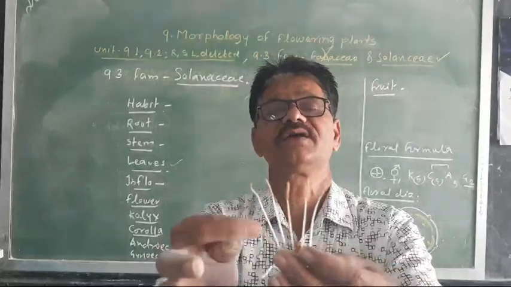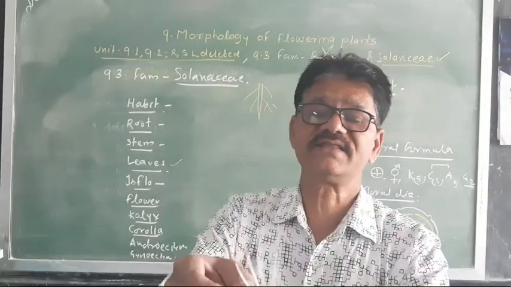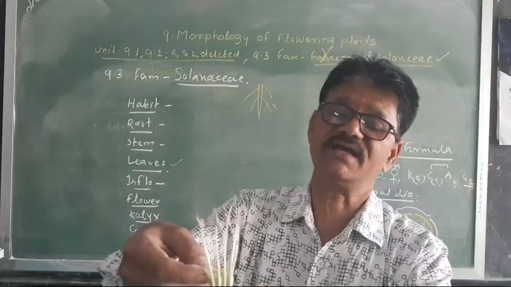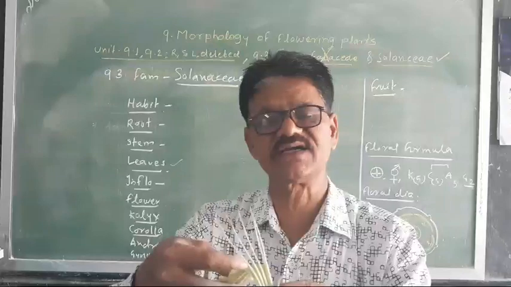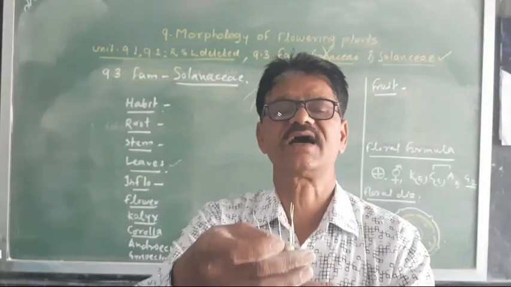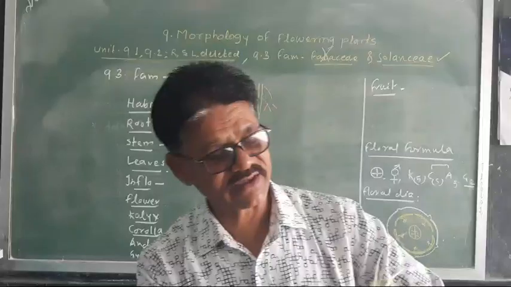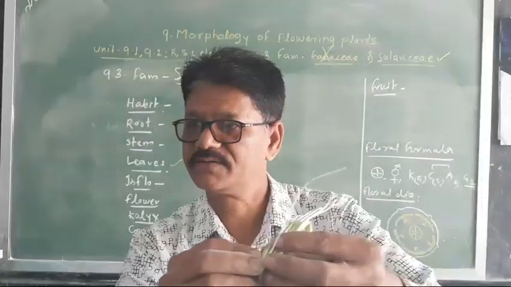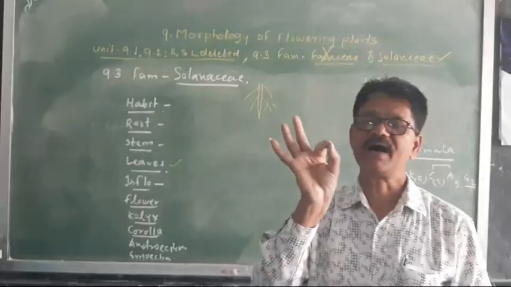There are 5 stamens, and they are attached to the petals, so epipetalous condition is there. Next one is the gynoecium, consisting of stigma, style, and at the base you can see the ovary. This is the gynoecium and it is bicarpellary.